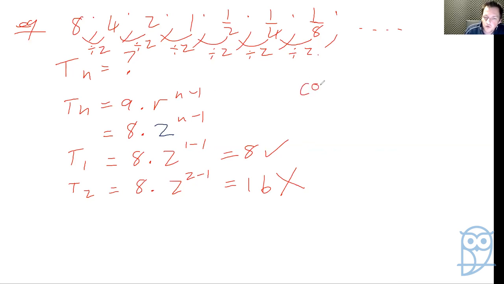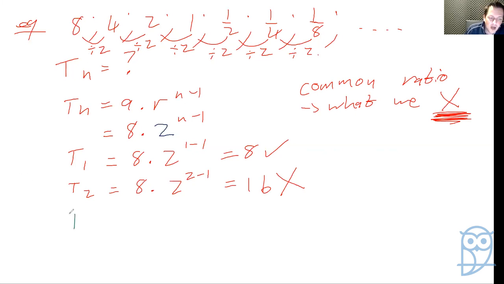Because the common ratio, I will state once again, is what we multiply each time. So what am I multiplying each time? Well, I'm halving. And if I'm halving, that means that I'm not multiplying by 2, but I am indeed multiplying by a half.